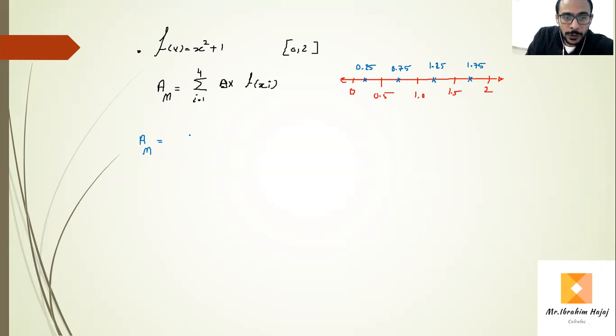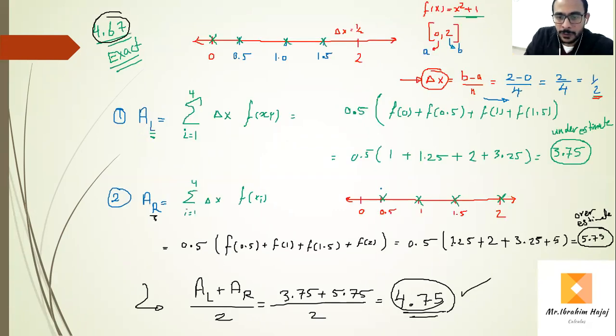Okay, and the way here is to find the approximate area by using the midpoint rule, which is delta x, which is 0.5, multiplied by f of 0.25. I'm going to take 4 points: 1, 2, 3, 4. In the previous questions, from the left and from the right, we also took 4 points, always 4.